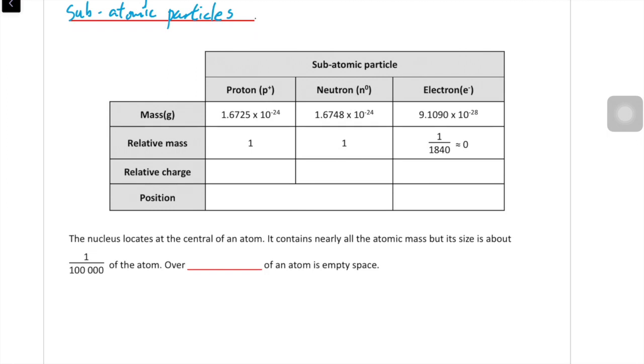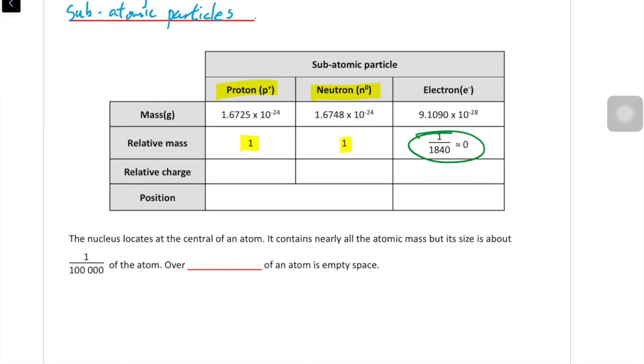What you need to know is that for proton and neutron, their mass is more or less the same. That's why we use the term relative mass, because we are not interested in how heavy they are, just a relative value. And for electron, the relative mass is almost zero, so you can say this is negligible mass.